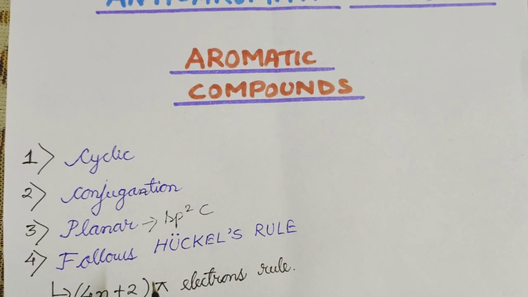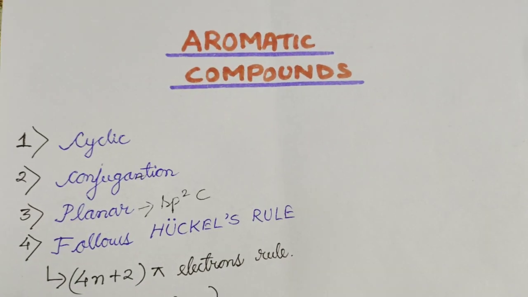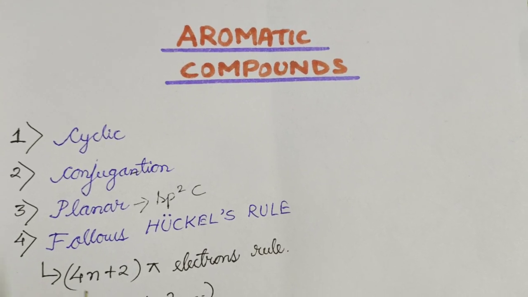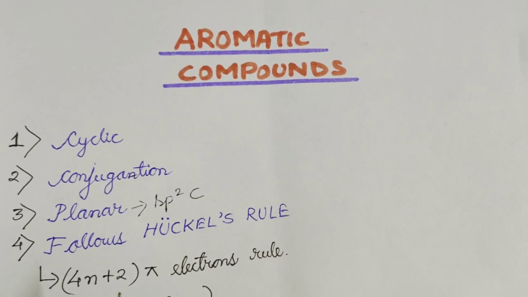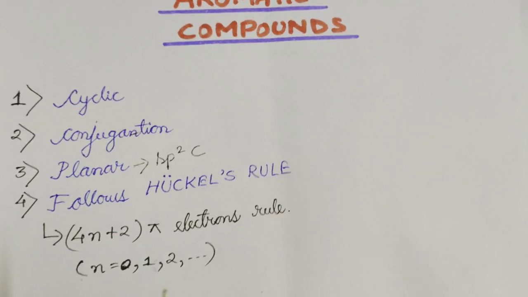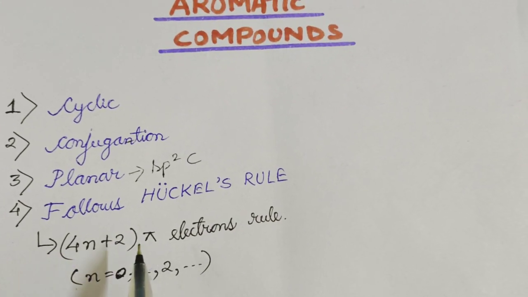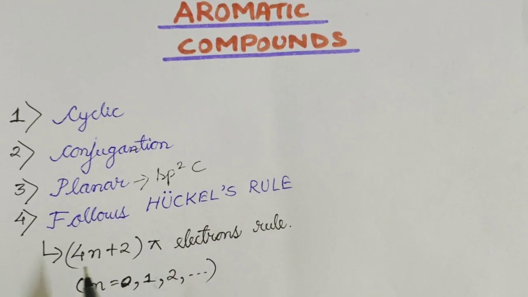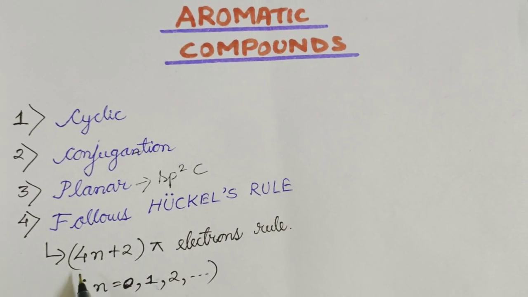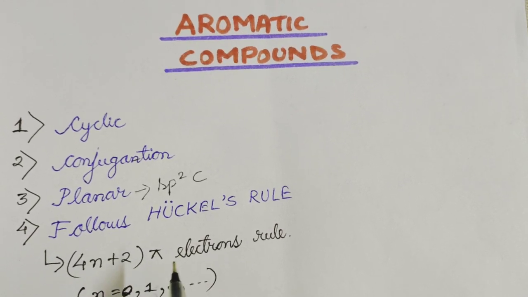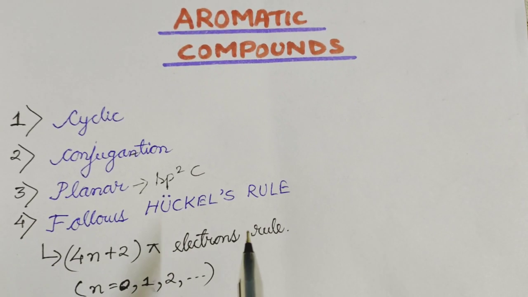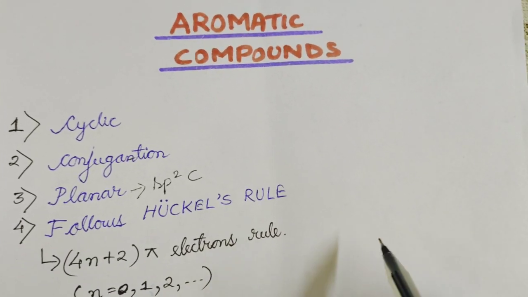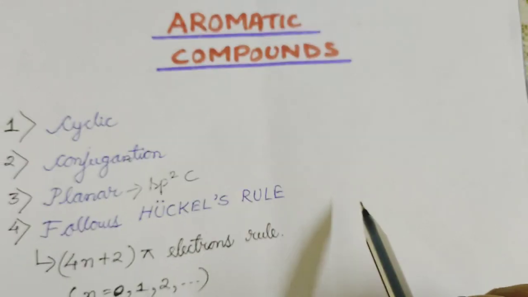And then the most required criteria is the compound should follow Huckel's rule. And what is Huckel's rule? That is the 4n plus 2 pi electrons rule. That is, if there are pi electrons and it satisfies the 4n plus 2 pi electron rule, then only the compound is aromatic.